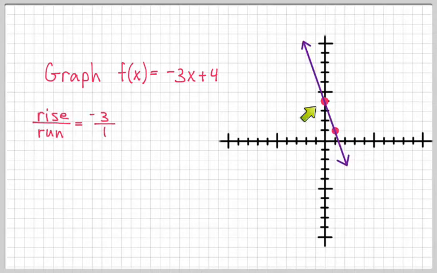But I will also note that instead of going down and right, we could have also chosen to go up 3 and left 1. So I can either go down and right, or up and left. And if we choose to go up and left, then we'll have a point here, which is part of the same line.